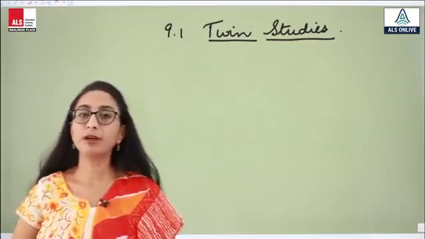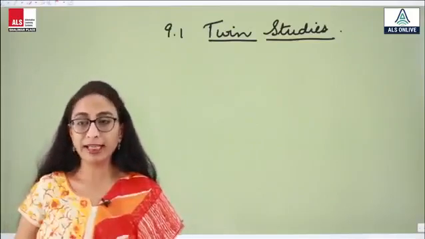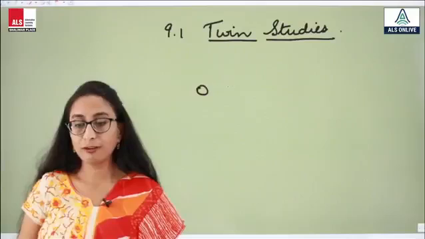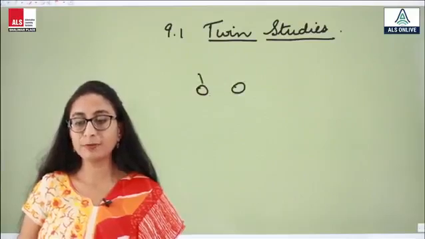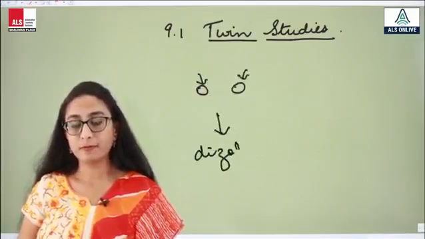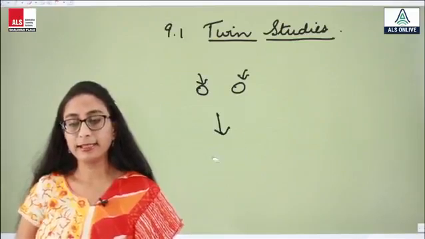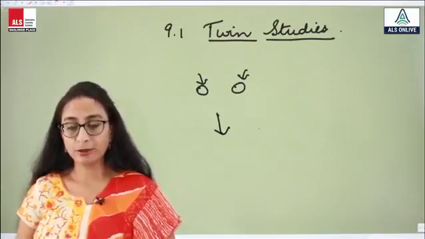That is the monozygotic twins and the dizygotic twins. When two different eggs or ova are fertilized by two different sperms, the resulting twins are dizygotic twins, right?